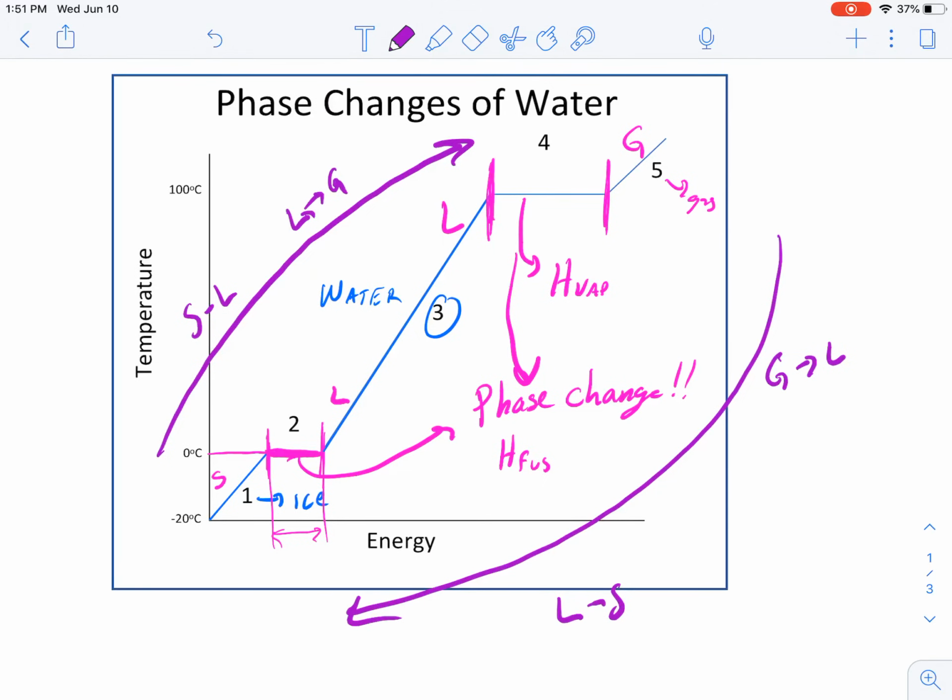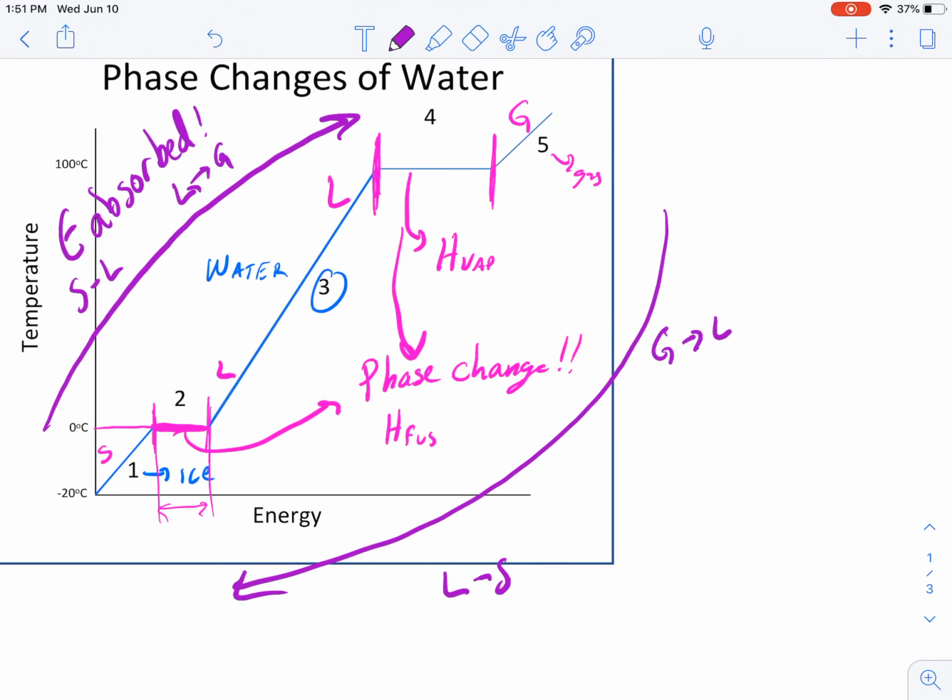Another thing you have is a difference in energy. When you go from solid to a liquid, energy is being absorbed. Same with when you go from a liquid to a solid. Again, you're taking that energy and you're breaking up the bonds.